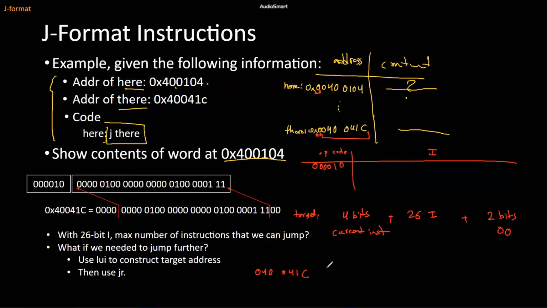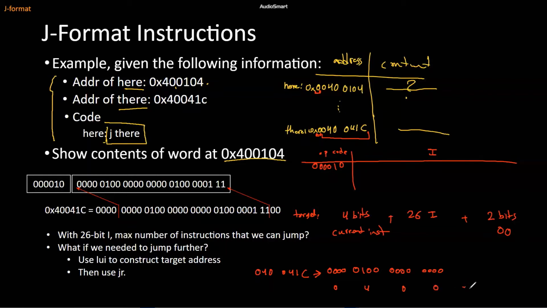If I convert this one to binary, I'm going to get 0000. The 4 is going to be 0100. Again, we have a 0, so 0000, and then another 0. Down here, this is 0 4 0 0.